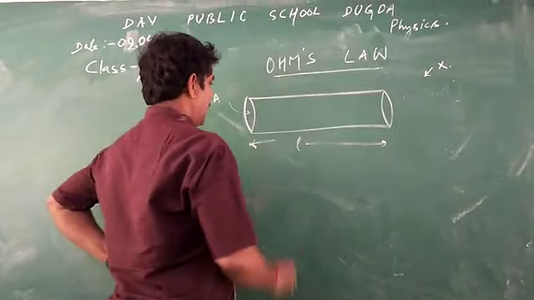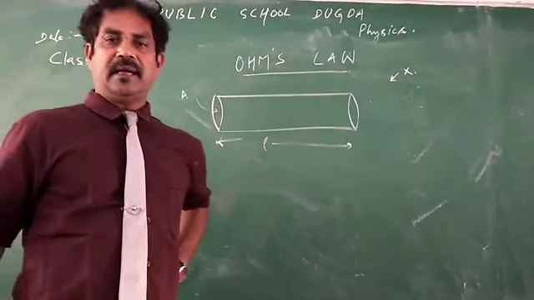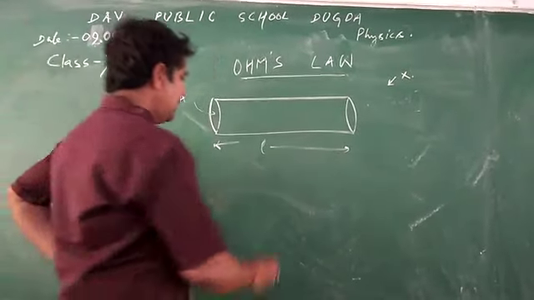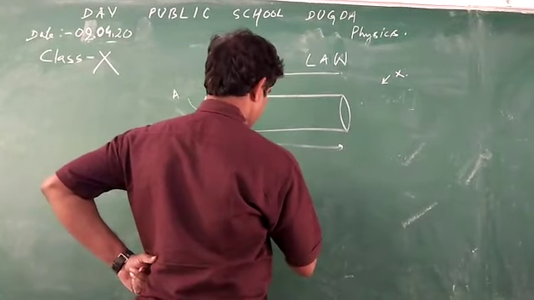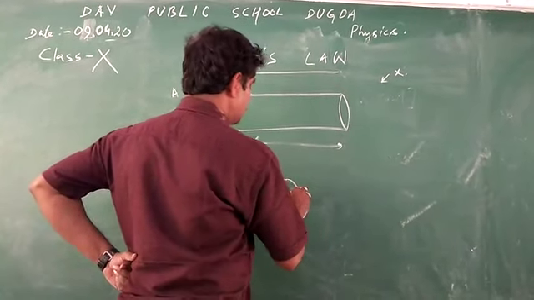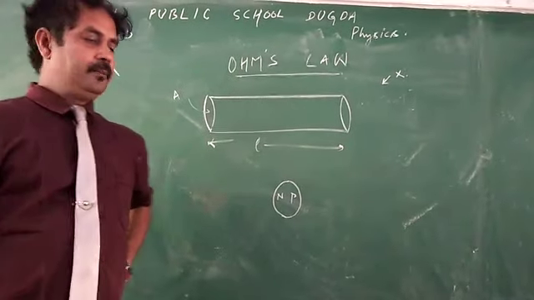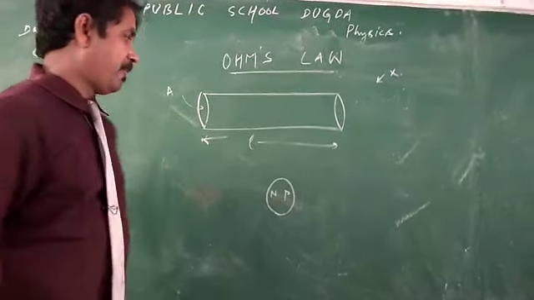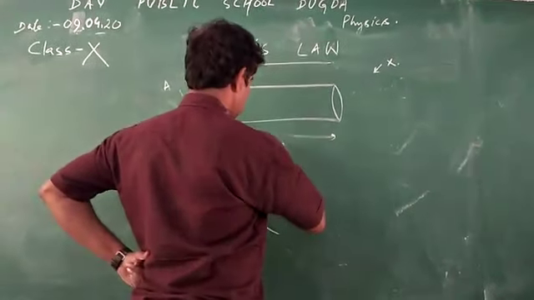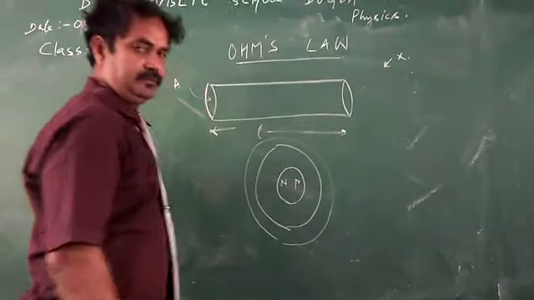Every conductor is made up of some atoms, and in an atom there are neutrons and protons present in the nucleus, and electrons are present in different orbits.